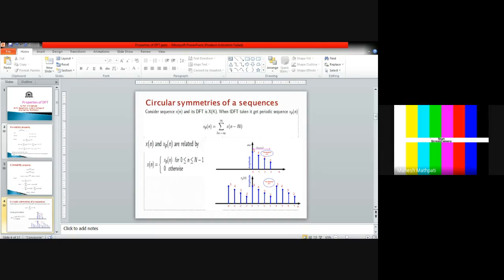So here I have written the relation between x of n and xp of n. As x of n is our given sequence with amplitudes 5, 4, 3, 2, we write the periodic repetition of that sequence, as shown in the below diagram, that is xp of n.